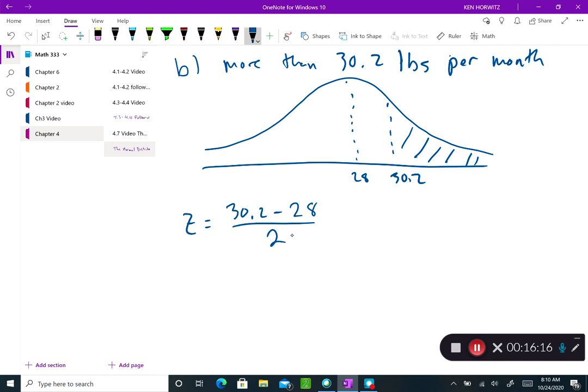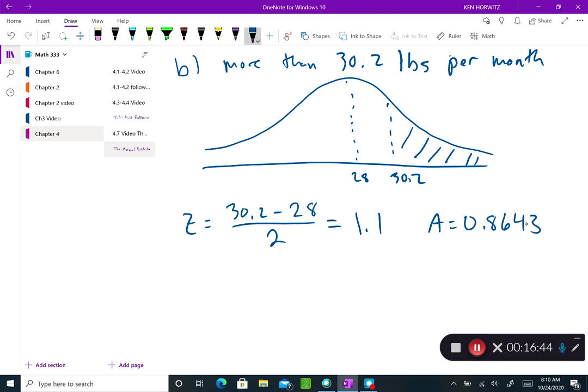All right, hopefully you paused the video and did the math. I got a z-score of 1.1. And now I want to go back to my chart. I'm going to look up 1.1 on my left z column, and I get an area equaling 0.8643.